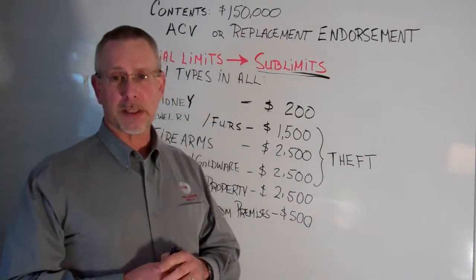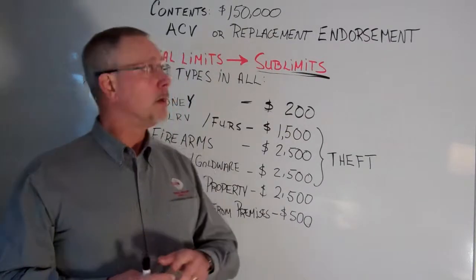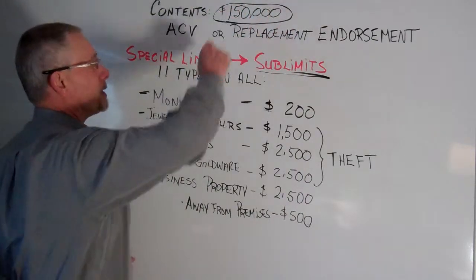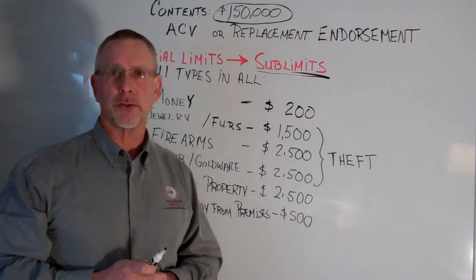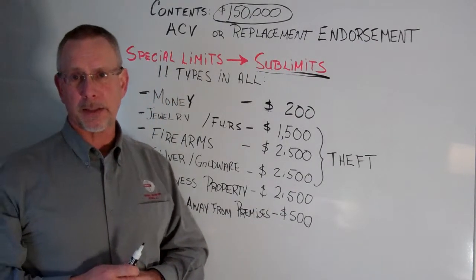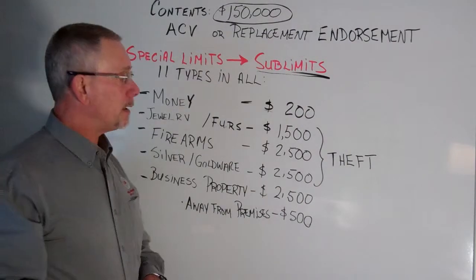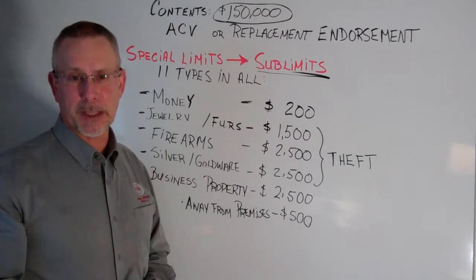Also remember that the sublimits do not represent additional coverage over and above the contents coverage. They represent limitations on the coverage. This is, again, very misunderstood by a lot of policyholders, especially when a loss occurs, and they thought that these were additional coverages in the policy, and they're actually limitations.